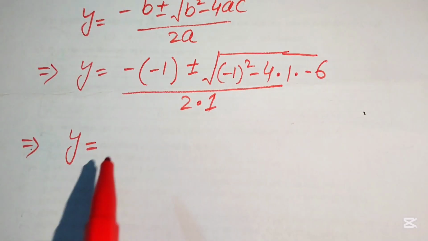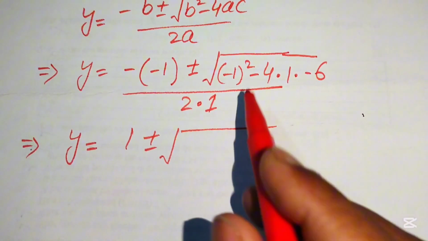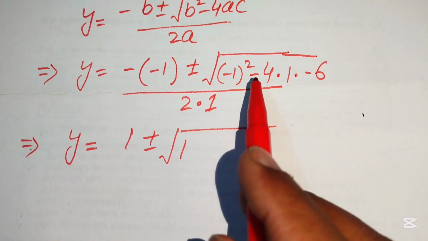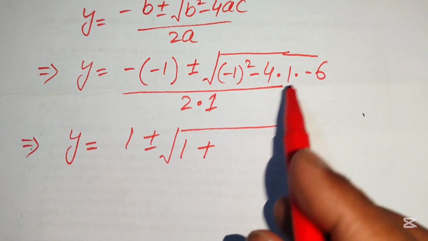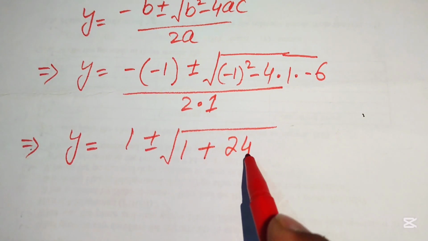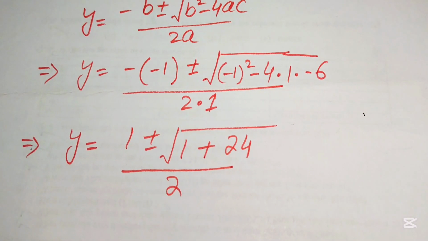So minus times minus becomes +1, and plus minus square root of -1 squared becomes +1, and minus times minus becomes plus, and 4 times 6 equals 24, divided by 2.